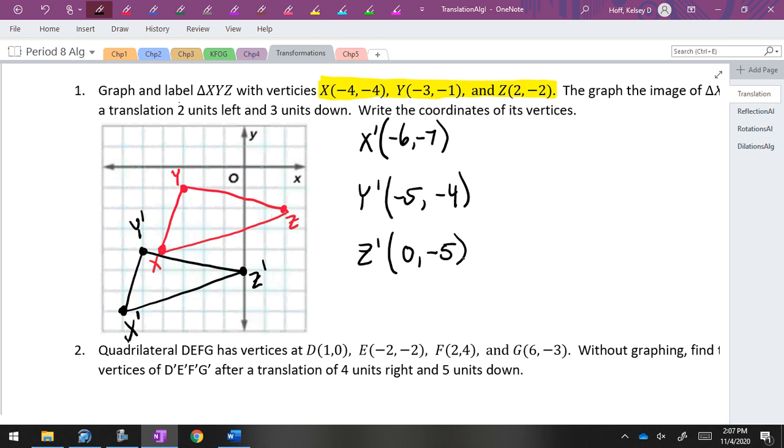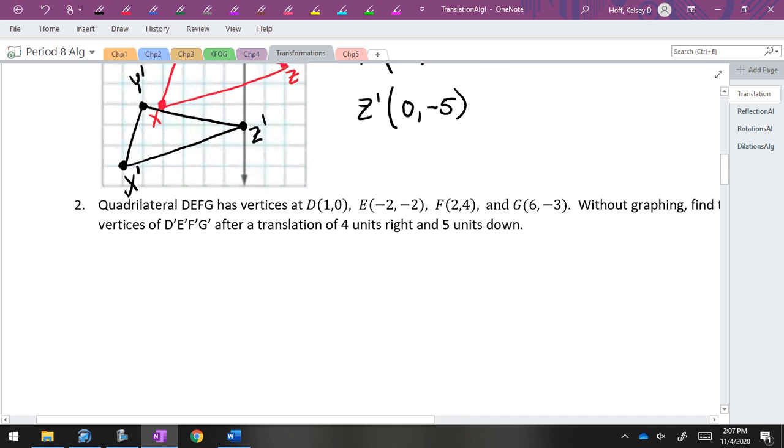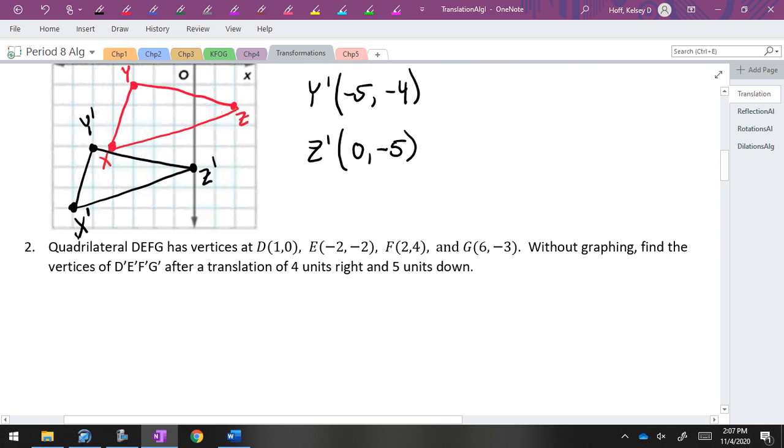One way that you can check yourself with this also is like example number 2. Quadrilateral DEFG has vertices D, E, F, and G. Without graphing, find the vertices of D prime, E prime, F prime, G prime after a translation 4 units right and 5 units down. Without graphing. If I'm moving 4 units right, is that going to affect my X or my Y?